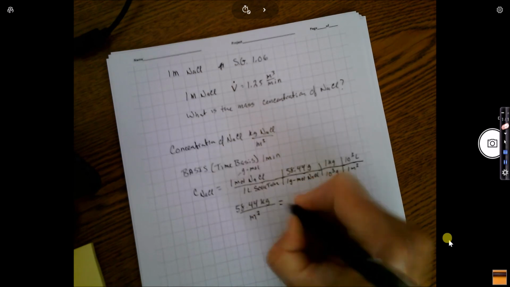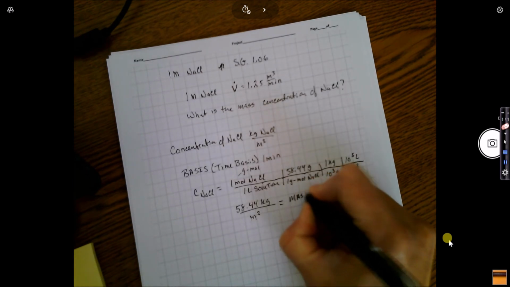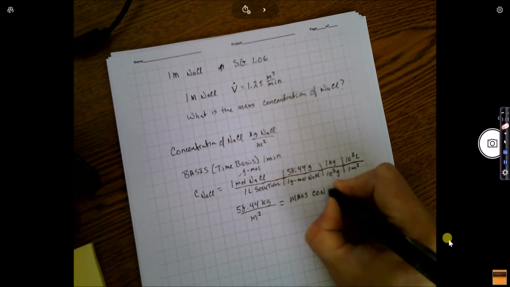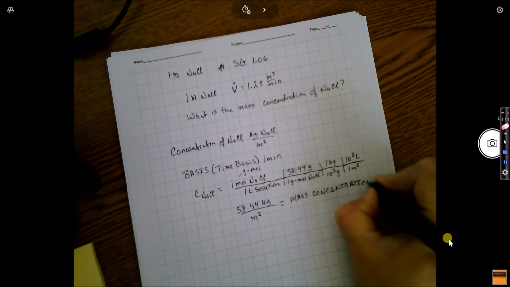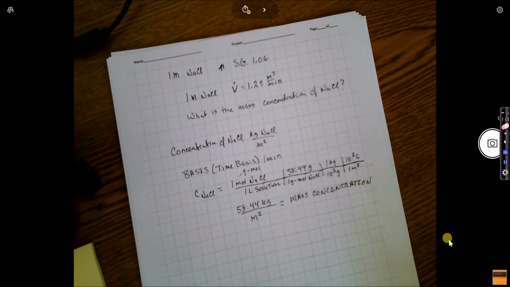So that's the mass concentration. There's probably a simpler way to do this, but I chose to do it this way.